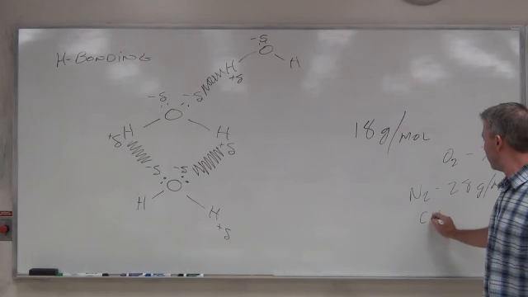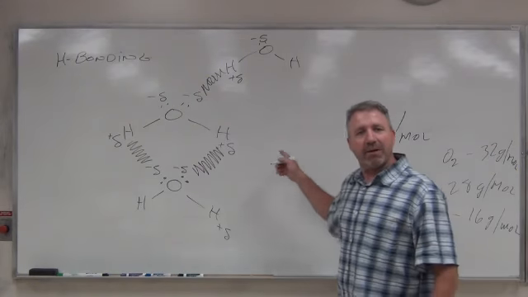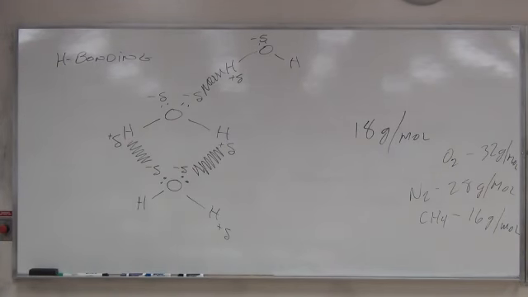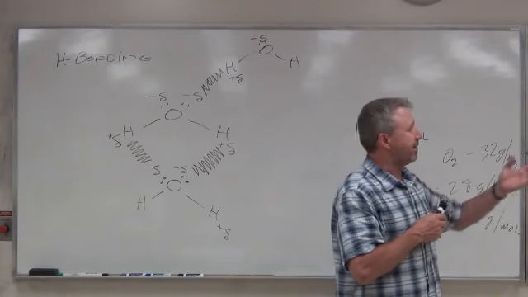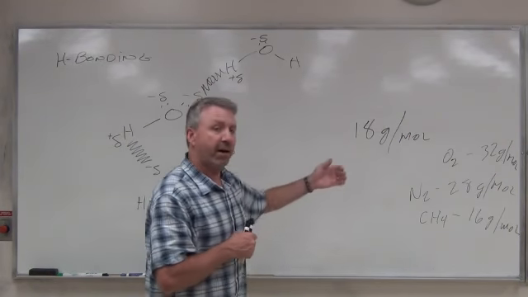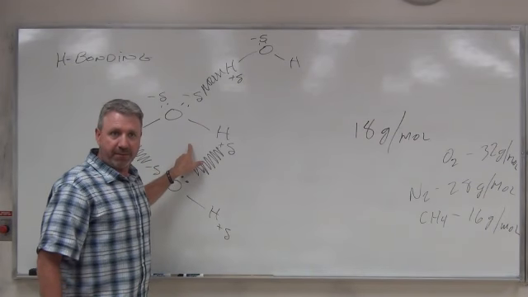Methane, 16 grams per mole. Every other substance that we know of around that molar mass, compounds, are gases at room temperature. Obviously, there are elements that are not, right? It's very unusual, and it's all due to hydrogen bonding.